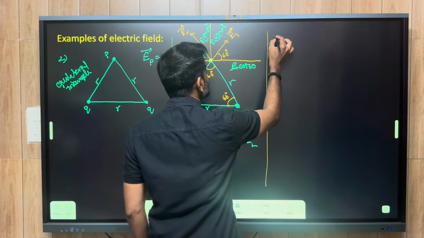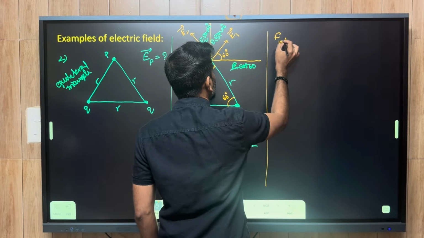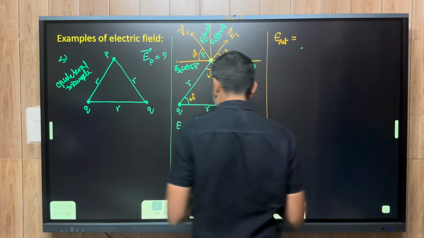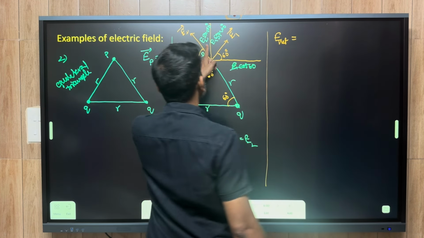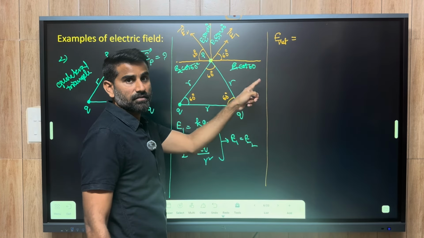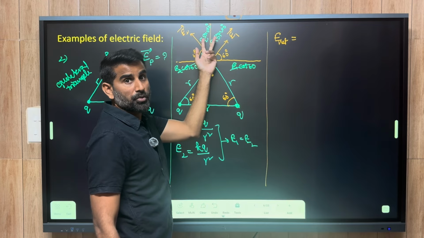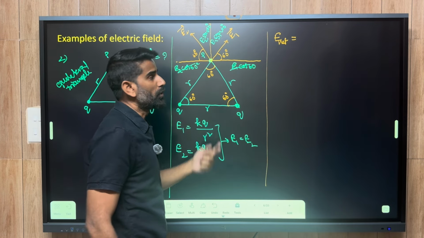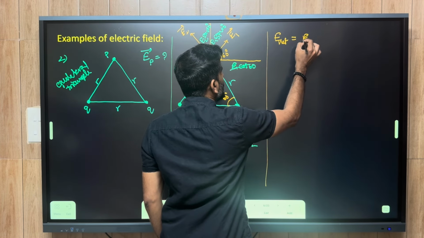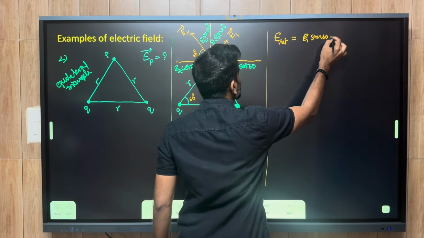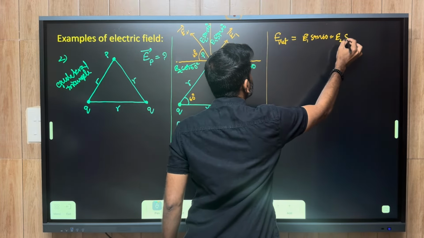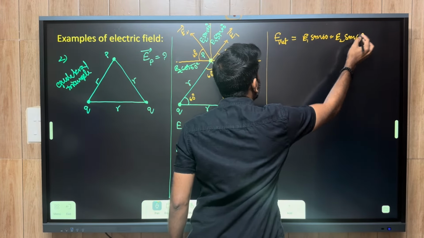So the net field is equal to the sum of these two, right? These two cos components get cancelled. We are left with only two components which are acting vertically upwards. So E1 sin 60 plus E2 sin 60 again.